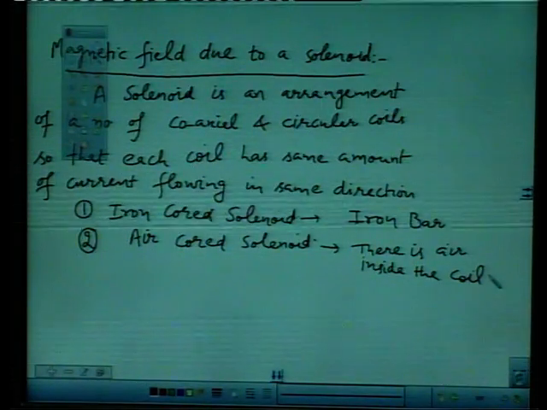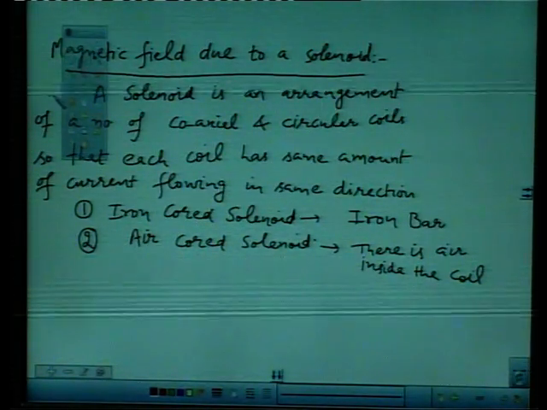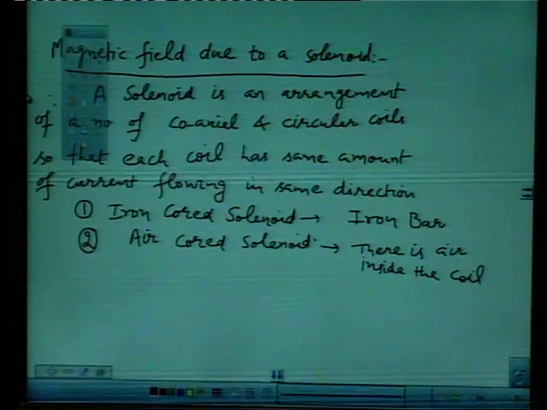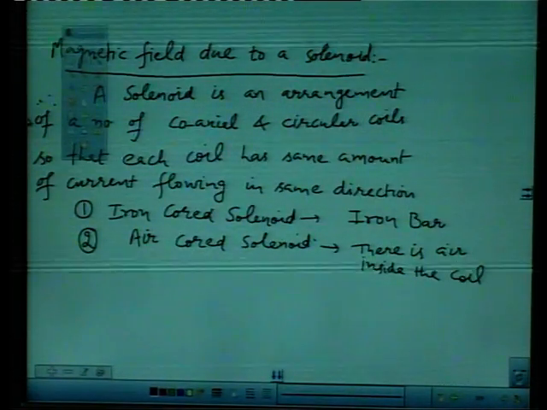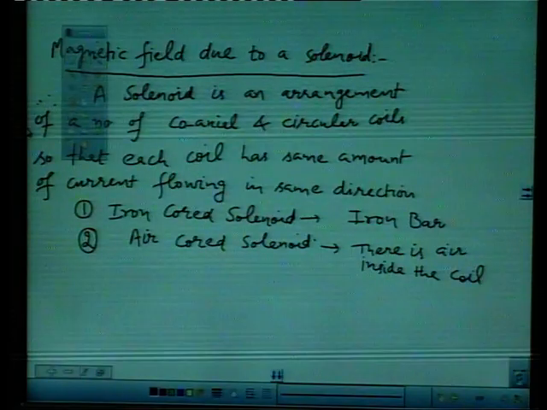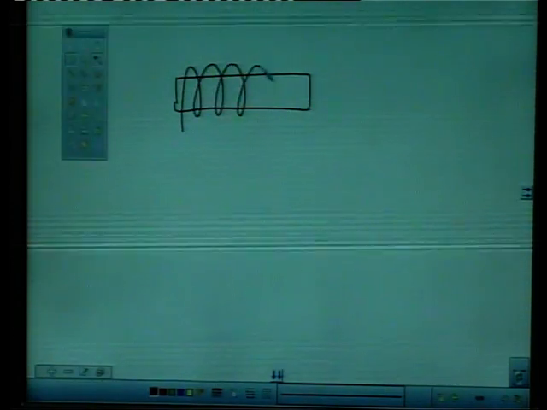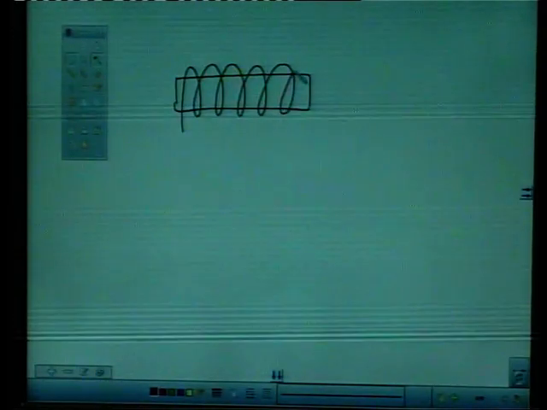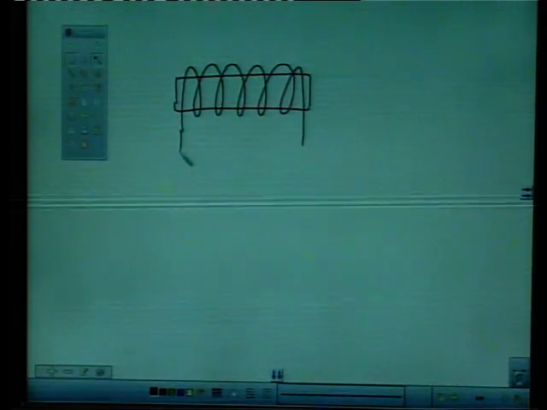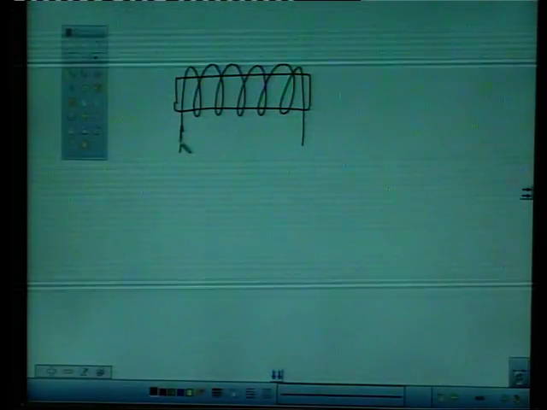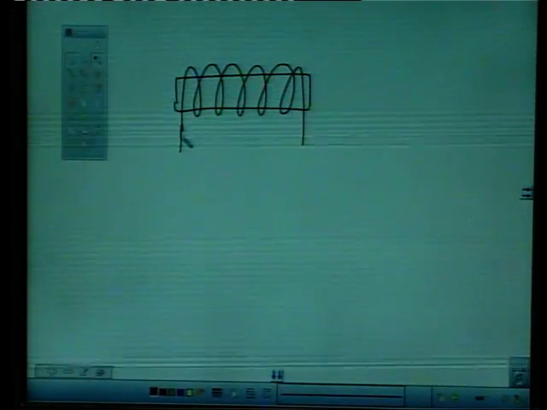So, let us draw the diagram. This is an iron rod and these are coils. There are a number of coils wound around this iron rod coaxially and circular coils.